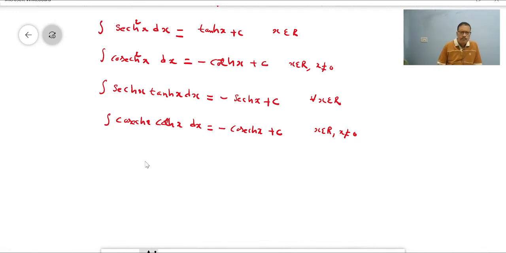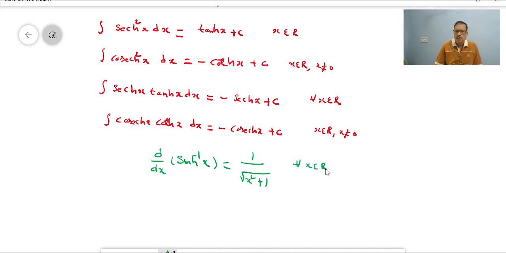And dy by dx of sine h inverse of x is equal to 1 by root of 1 plus x square, or you can write 1 by root of x square plus 1, for all x belonging to R. Now, what is the formula for dy by dx of sine h inverse of x? 1 by root of x square plus 1.